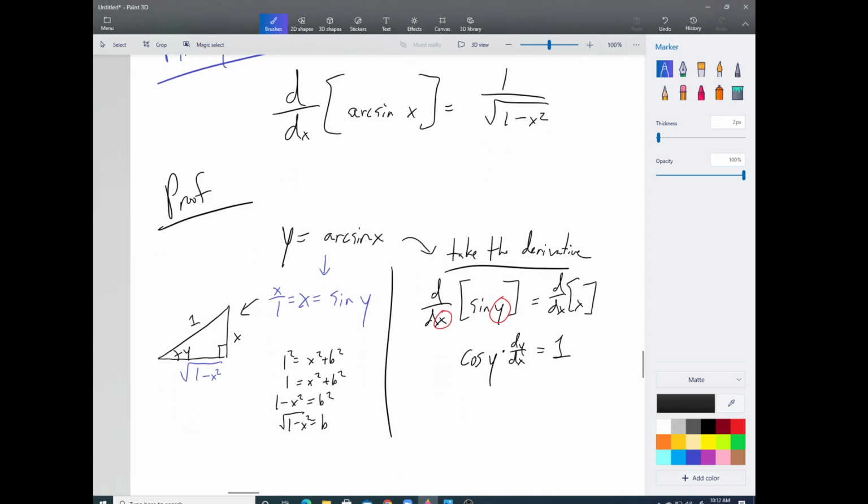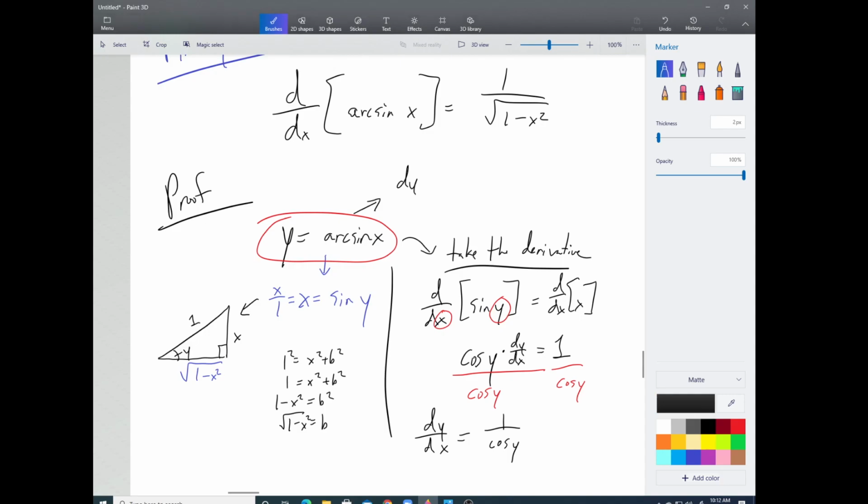All right, now I can rearrange to solve for my dy dx. And that's the trick right here. We started with y equals the arcsine.